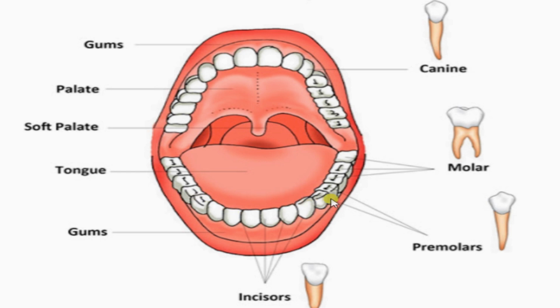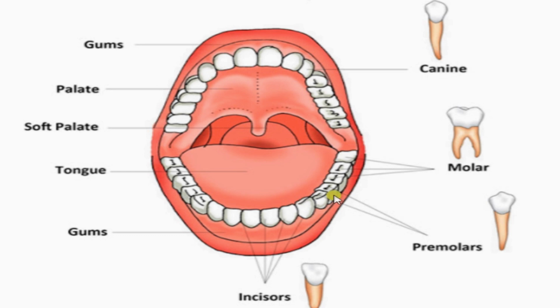Next is the canine. Canines are the pointed ones. In carnivores they are more pointed. Canines help in tearing the flesh, and since we are omnivores, our canines are a little less sharp than those of carnivores.